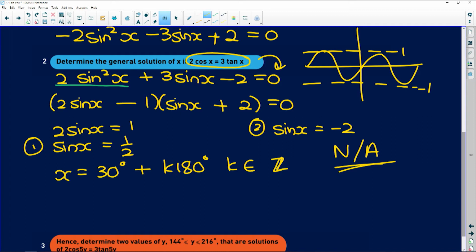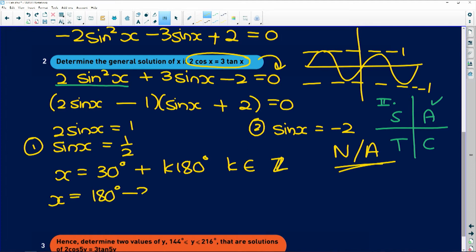Okay, but remember, guys, there are 2 places where sine is positive. If our CAST diagram goes like this, we've covered this quadrant. 30 degrees sits in the first quadrant, but sine is also positive in the second quadrant, which means x is equal to 180 degrees minus 30 degrees, because that is our second quadrant.